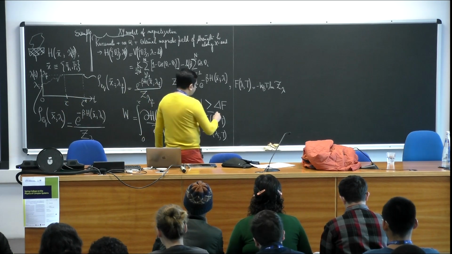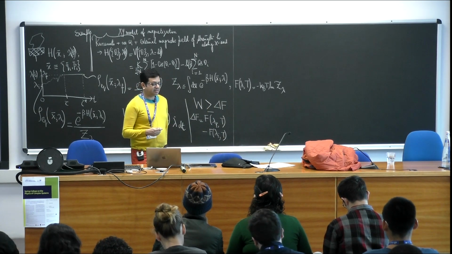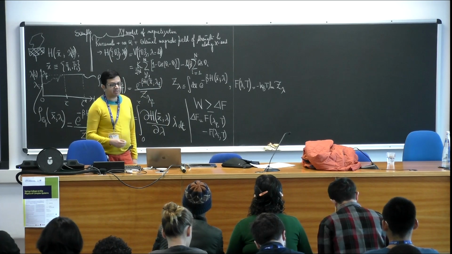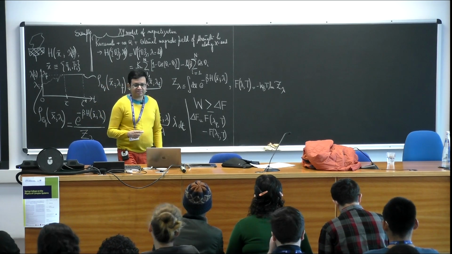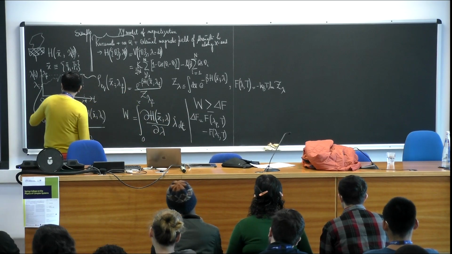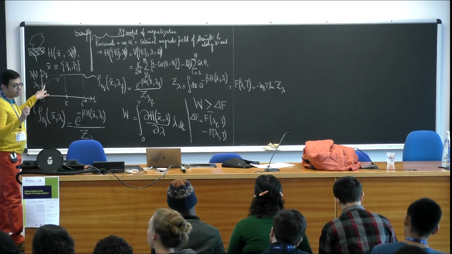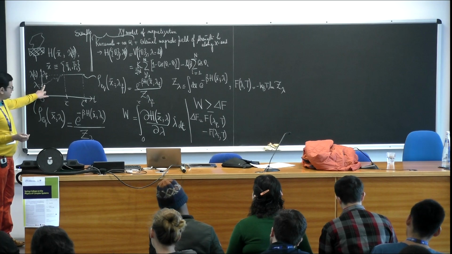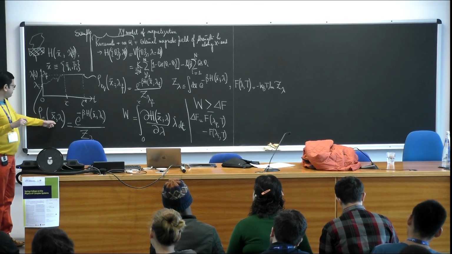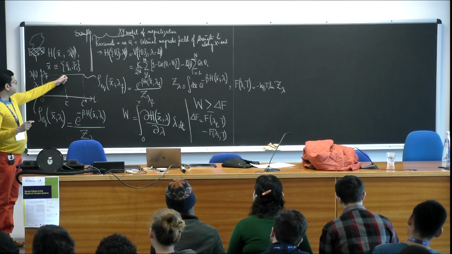And then we said that so much for a thermodynamic system, which has many, many degrees of freedom, but suppose you want to generalize this result to a microscopic system, that is a system that contains only a few degrees of freedom. Then what you would expect is that if you do this experiment over and over again, that is every time you prepare your system in an initial state sampled from this distribution, so it is in a microstate X sampled from this distribution, then you change lambda always according to the same protocol.